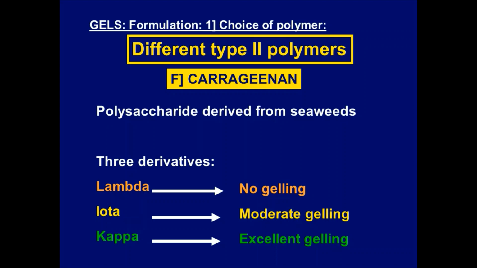This means that if you prepare 2 gels, one of iota carrageenan and one of kappa carrageenan, with equal polymer concentration, say 2% in both gels, which gel will be of higher viscosity? Of course, kappa carrageenan, because its gelling properties are excellent.